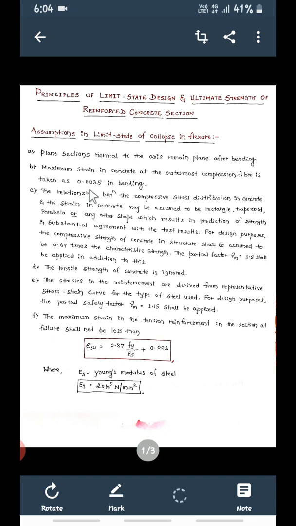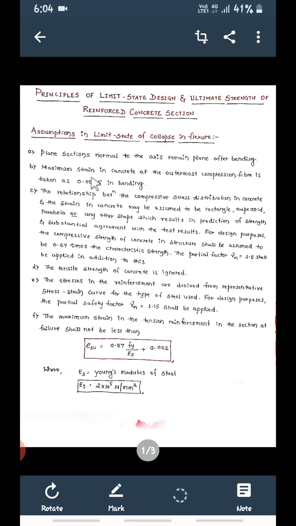Then the second assumption: maximum strain in concrete. See, this is important. When the concrete fails, there will be a maximum strain, and the maximum strain in concrete at the outermost compression fiber is taken as 0.0035 in bending. Please remember this.